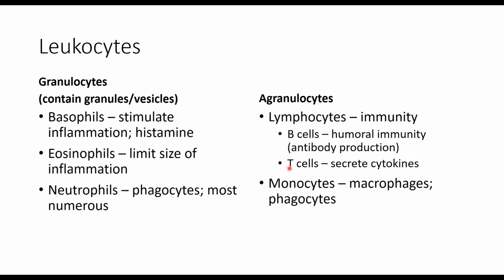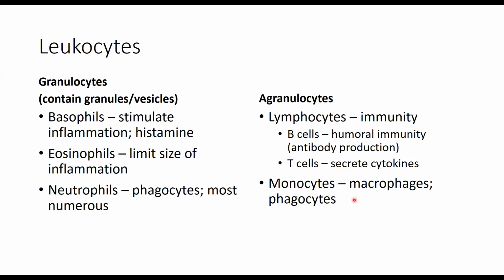T cells are the other type of lymphocytes. These play an important role in innate immunity, sort of the immunity that we have inherently going all the time. T cells function most importantly by secreting cytokines to help destroy foreign molecules. And then our final type of agranulocyte is a monocyte.